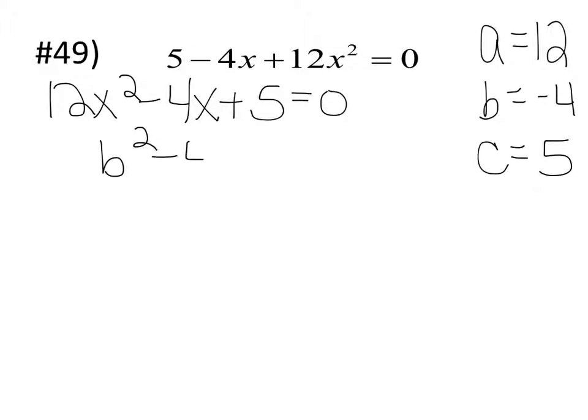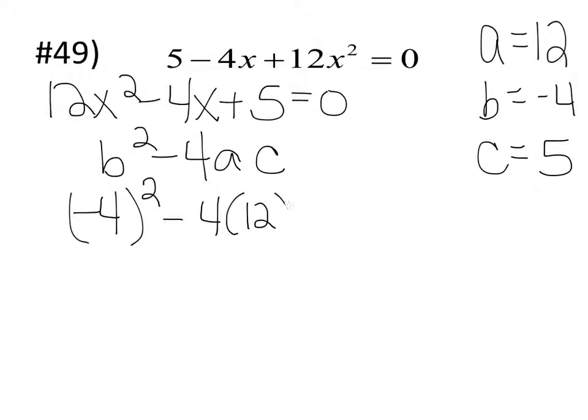So we have b squared minus 4ac. B is negative 4, so I have negative 4 squared minus 4 times 12 times 5. Negative 4 squared is 16. Negative 4 times 12 is negative 48.